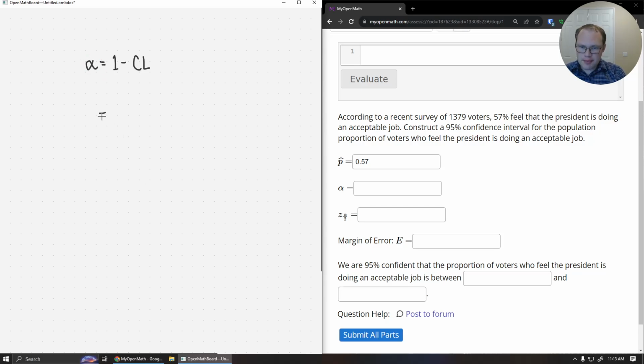Okay, so let's just plug in. The problem tells us our confidence level. We want to construct a 95% confidence interval. So 95% is our confidence level.